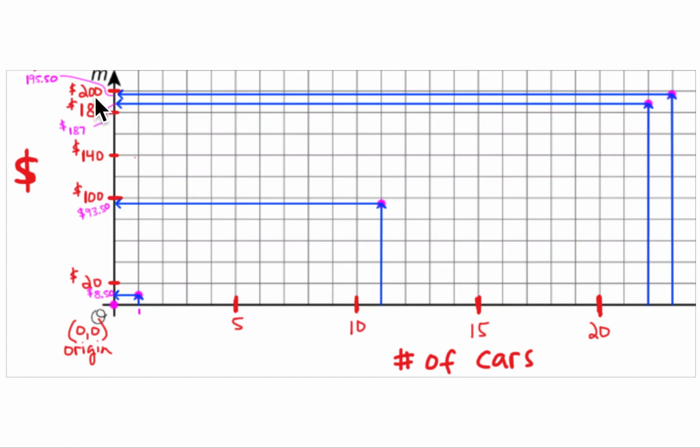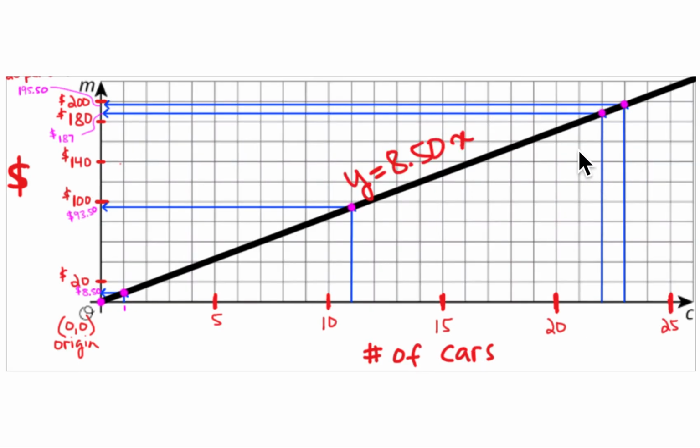Now, if you want to ask, how many cars do I have to wash to get to $200? You need one more car. So let's look at this first. Here's the line. You draw this line, and that tells you all the information, the relationship between the dollars and the number of cars. So anywhere along this line, you can look at the number of cars, 5, 6, 7 cars.